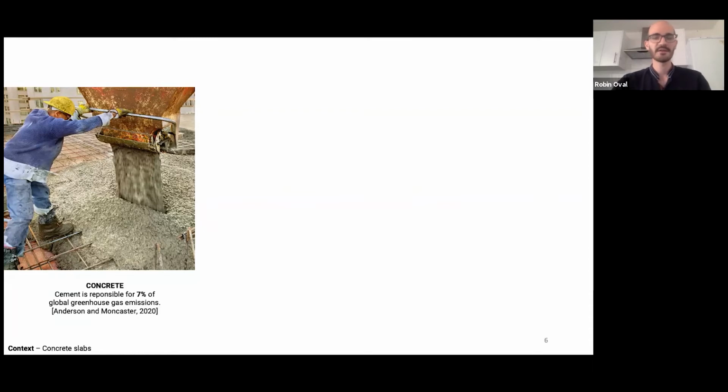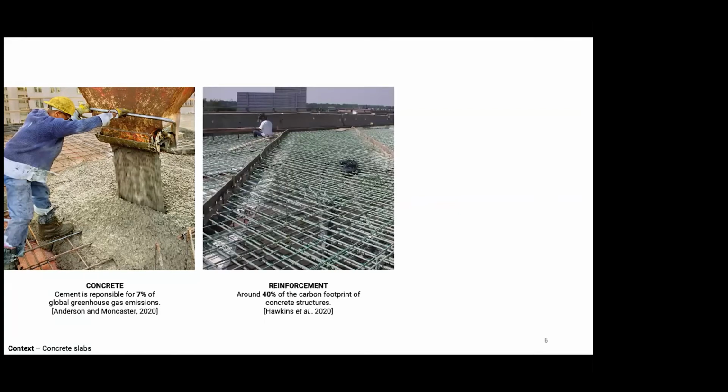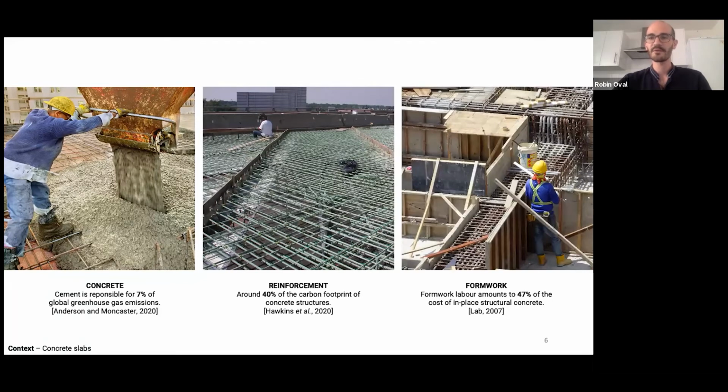However, this is not the only thing that impacts the environmental footprint of concrete slabs or concrete structures. Usually, concrete slabs are highly reinforced, with around 40% of the carbon footprint. In volume, it might be much less than concrete, but in terms of environmental impact, it's still significant. And another thing is the formwork that we use to shape this fluid material that is concrete.